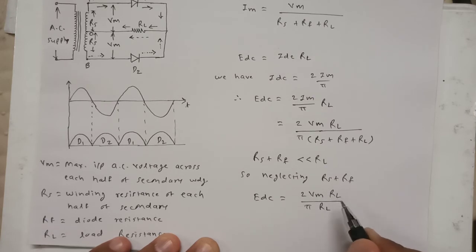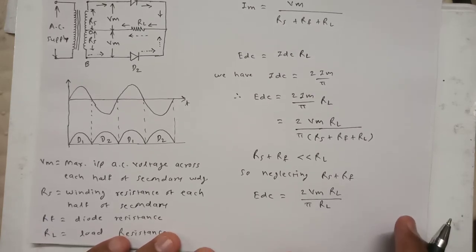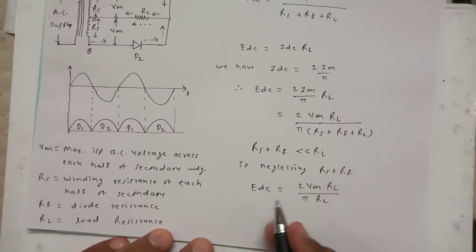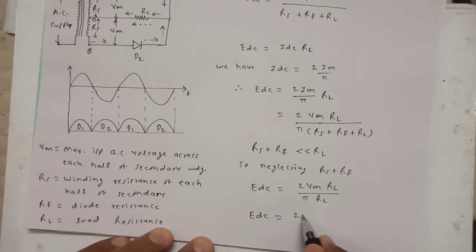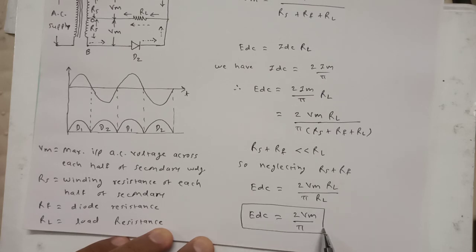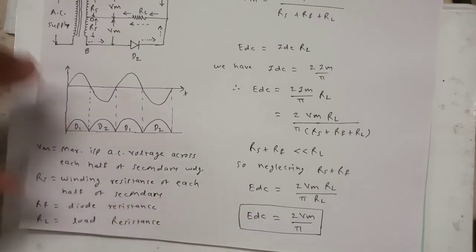So this RL and RL can be cancelled, and what ultimately remains is that EDC is equal to twice Vm by pi. That is the equation that we will be using for the average DC load voltage in case of the full wave rectifier.